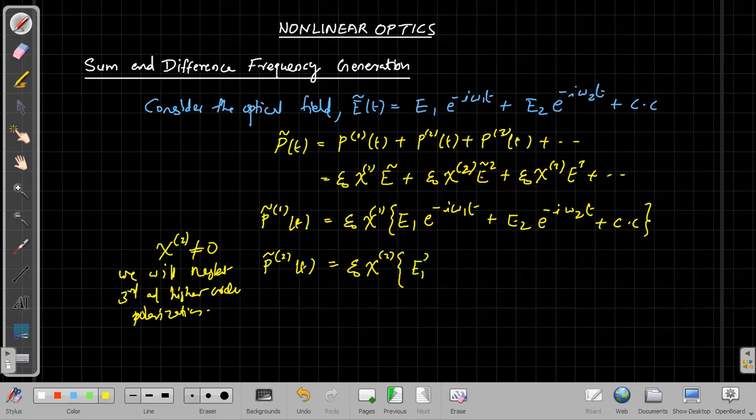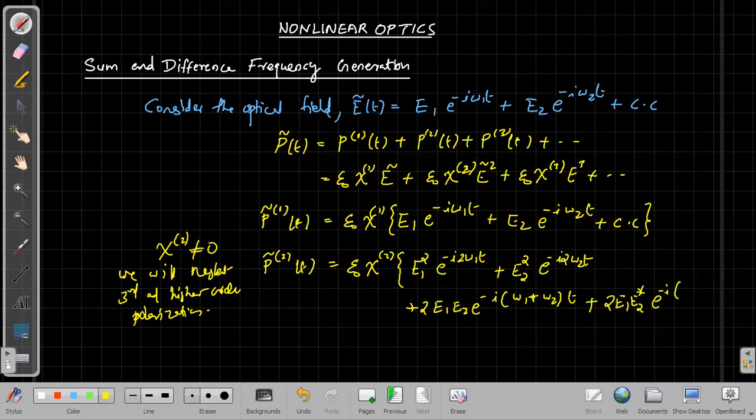The first term I can write as E1 square e raised to minus i 2 omega 1 t, plus E2 square e raised to minus i 2 omega 2 t, plus 2 E1 E2 e raised to minus i (omega 1 plus omega 2) times t, plus 2 E1 E2 star e raised to minus i (omega 1 minus omega 2) t, plus the complex conjugate of all other terms.